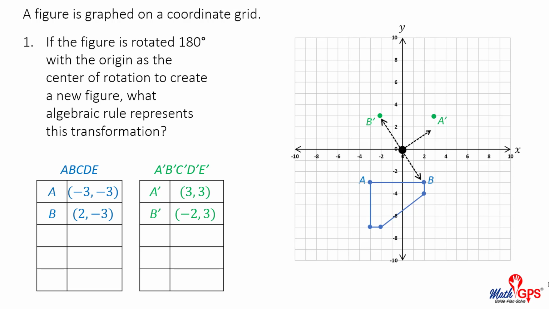Select a second vertex that is adjacent to vertex A and name the vertex the next letter of the alphabet. If vertex B, located at 2, -3, is rotated 180 degrees, it will be renamed vertex B' and will be located at -2, 3.